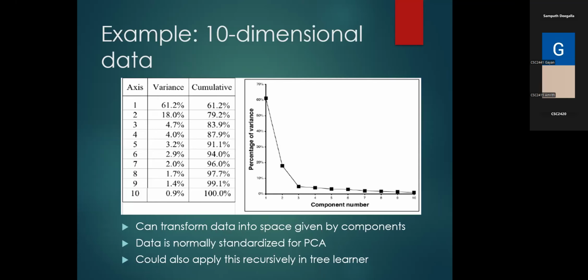If it is visualization, you can look at the first two. But let's say you are applying this to a classification problem. Then it's very important that you select how many components you are going to use.